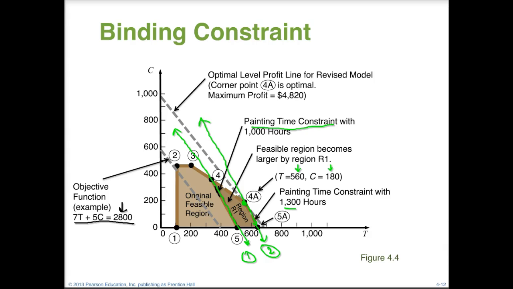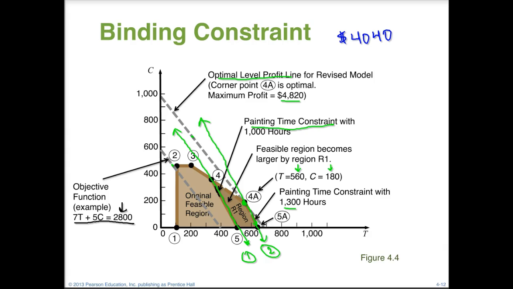We also see that our optimal profit line has the same slope as this one, but it goes through the corner point that gives us the largest profit, and the profit has gone up. If you remember, our original solution had a profit of $4,040. But if we can afford more painting hours, we can get more profit out of it.